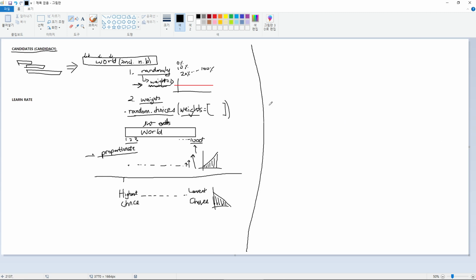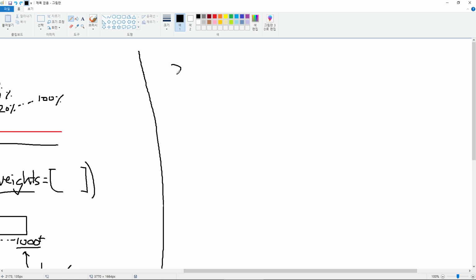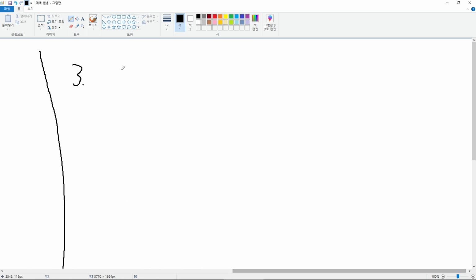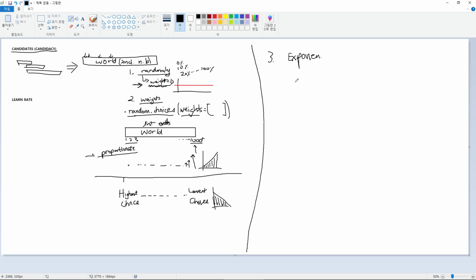And the third way of weights is exponential. So this is a lot similar. The first way of doing that would be ensuring that the tail entity has the highest chance and the head entity has the lowest chance.